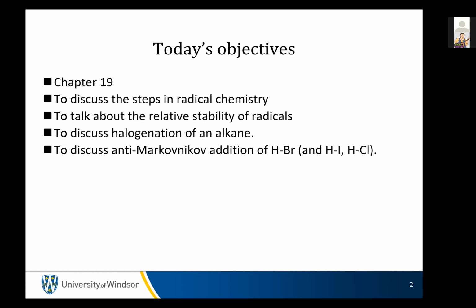We're going to talk about the stability of radicals, and the next two things we're going to get to on Monday, which is the free radical halogenation of alkanes. We're going to talk about radical polymerization. And we're going to talk about the anti-Markovnikov addition of these halogen things, which I've said, trust me, we're going to come back to that. Well, it's time. We're coming back to it.